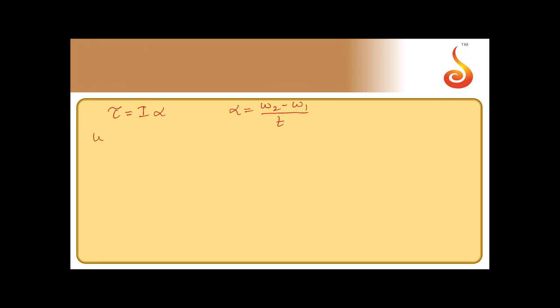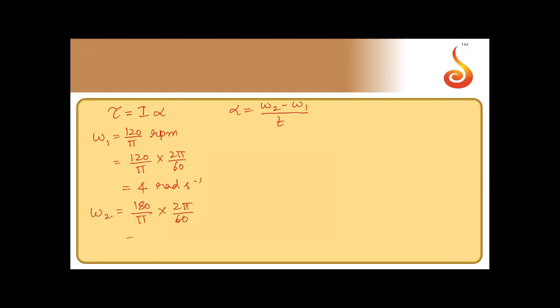So here omega 1 is 120 by pi rpm. So that will be 120 by pi into 2 pi by 60 radian per second. So pi gets cancelled, you will get it to be 4 radian per second. Similarly, omega 2 is 180 by pi into 2 pi by 60.